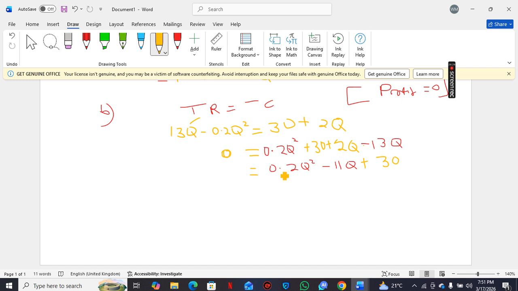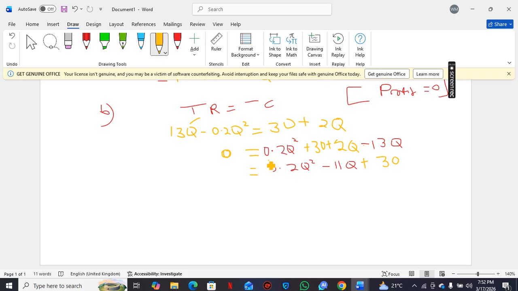What you can do is this: if you want to remove this decimal, you have to just think, what number can I multiply by 0.2 to get a whole number? You can multiply by 10, you can multiply by 5, you can choose any number that you want.